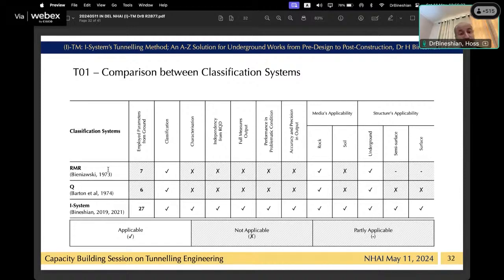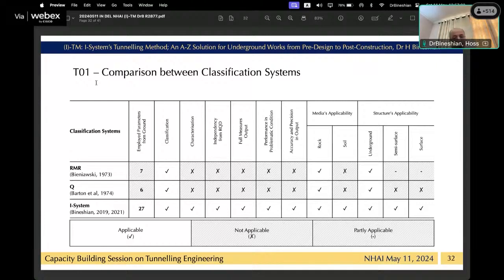And 2 main contractors. Let's compare the tunnel T1's classification systems which were used: RMR, Q, and I system. RMR uses 7 parameters for classification, Q uses 6 parameters, and I system uses 27 parameters.